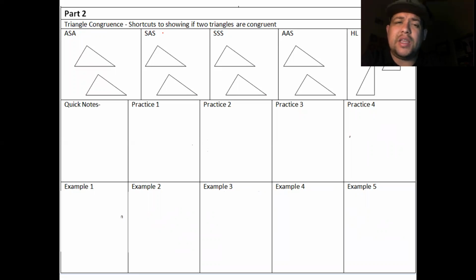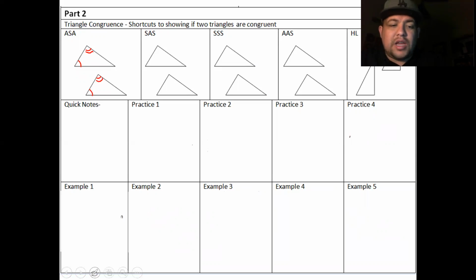So when looking at these, our first one that we looked at was angle side angle, and we have an angle that matches up with an angle. We have another angle that matches up, and we'll just put 2 notches there.